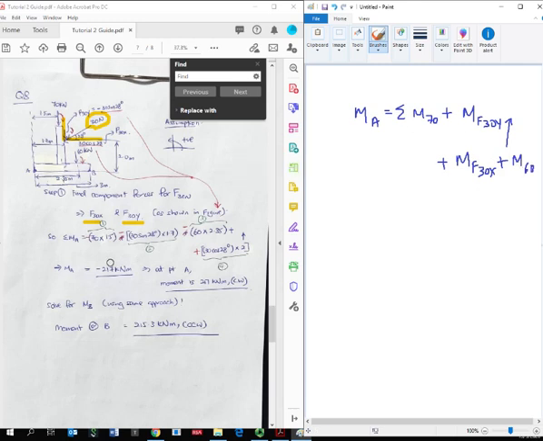So for individual moments, this is for 70, and then this is the y component, multiplied by the perpendicular distance away from the y component.